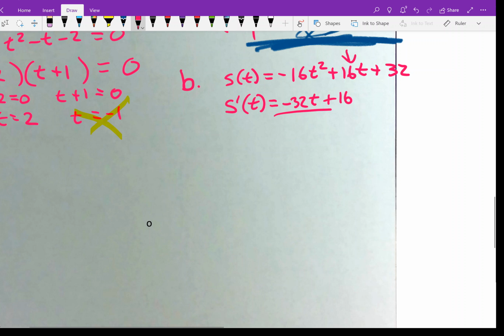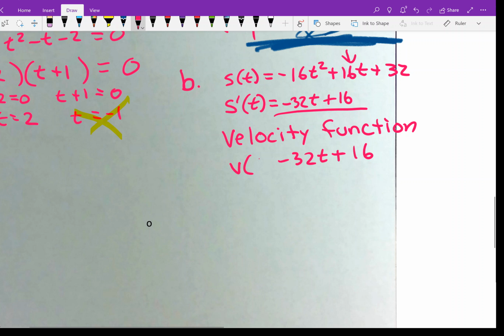So I'm left with negative 32t plus 16, and that's my velocity function now. And so I can label this as v of t equals that. Now that's a terrible negative sign. Let me fix that.